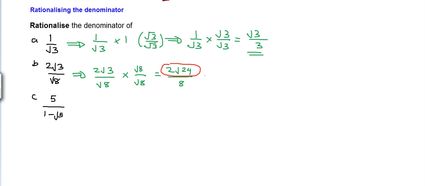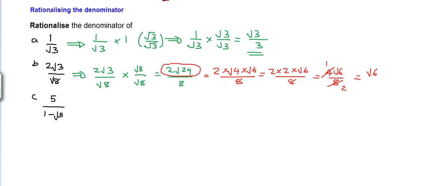If you remember from our previous example, this is the same as 2 times root 4 times root 6 over 8. Root 4 is 2, so we have 2 times 2 times root 6 over 8, and that's 4 root 6 over 8. Well, we can still simplify this further. 4 goes into 4 once, 4 goes into 8 twice, so our answer is root 6 over 2.